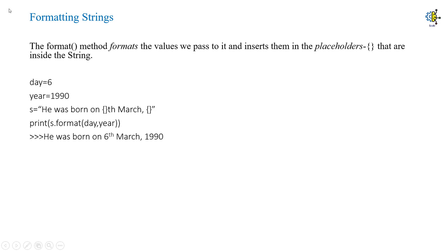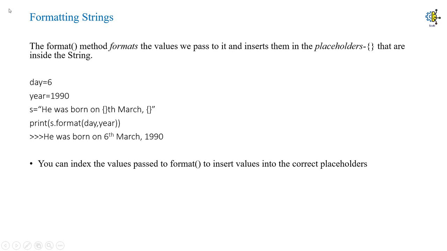As you can see, the values 6 and 1990 have been inserted into the two specific placeholders that we put earlier in the string. Now, you can also index the values that you pass to the format method in order to insert the values into the correct placeholders. For example, here I have two values, 4 and 5. I want to format them into this string. So the string says there are {1} sweets for {0} children.